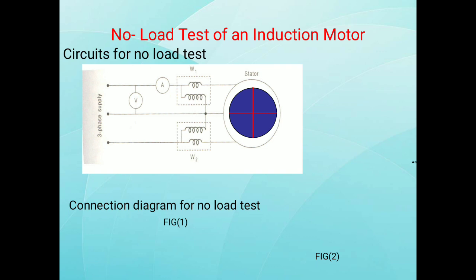Here W1 is connected to R phase and Y phase, and W2 is connected to B phase and Y phase. The Y phase is common for these two wattmeters.